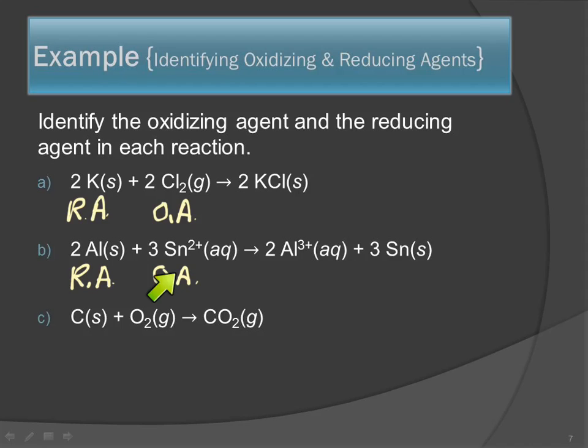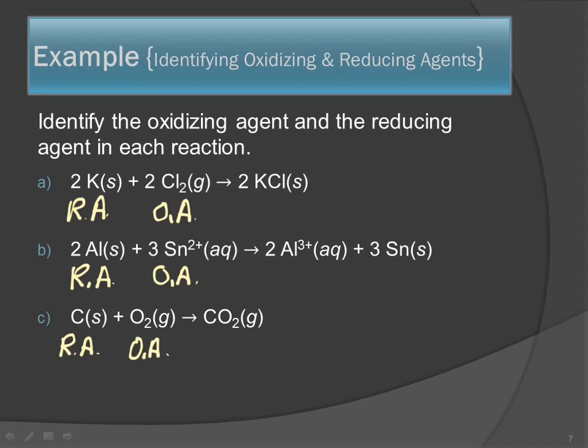The tin-2 ion is causing the aluminum to be oxidized. In this reaction, we said that carbon was being oxidized, that oxygen was being reduced. The oxygen then is the oxidizing agent. The carbon is the reducing agent.